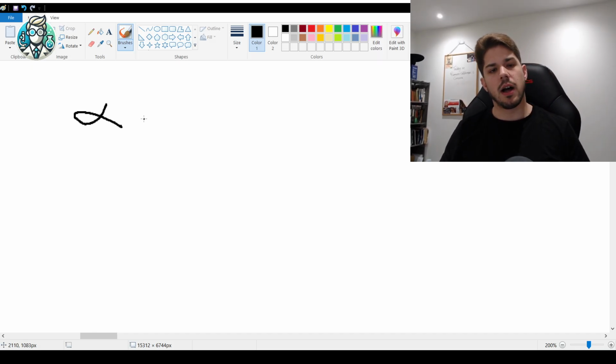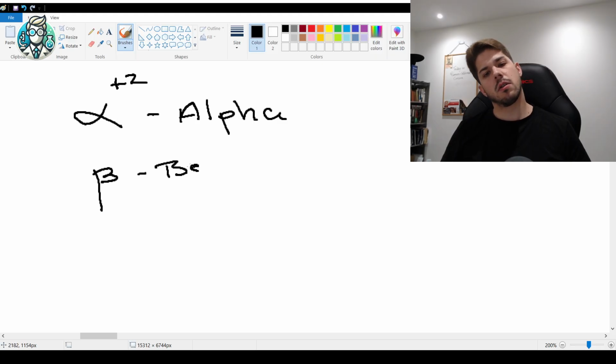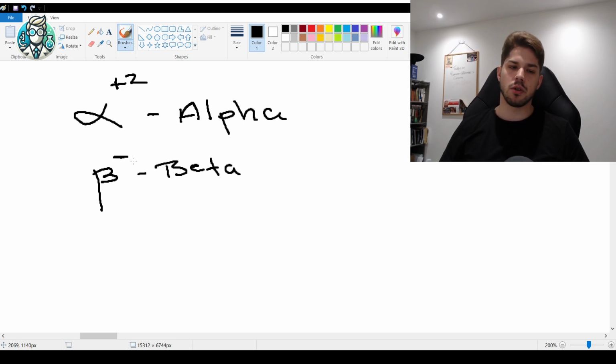We have alpha, which the symbol is like that fish, but it's the Greek letter alpha. Alpha particles, they have charge. Their charge is +2. Beta, which the symbol is the Greek letter beta, beta particles, they also have charge and it is -1.